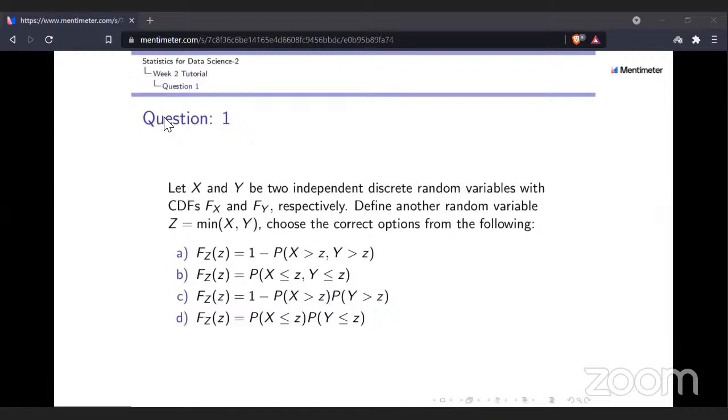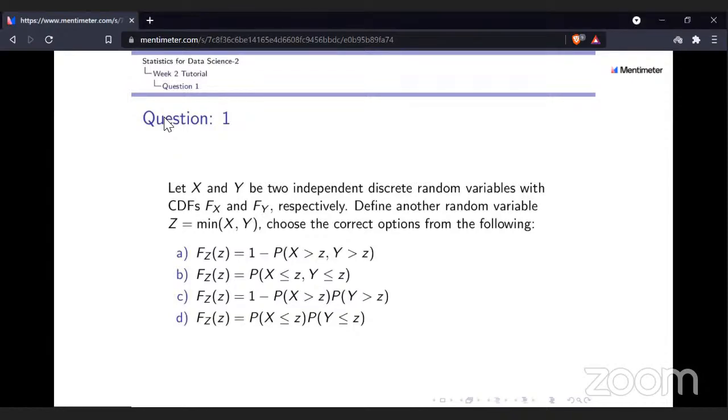You're not getting any options? No, ma'am. It's just the question that is getting displayed. I joined with the code. I just went to menti.com and joined with the code that you gave.